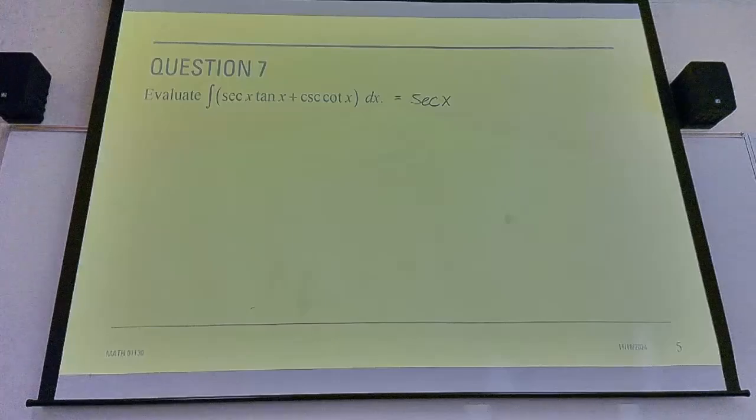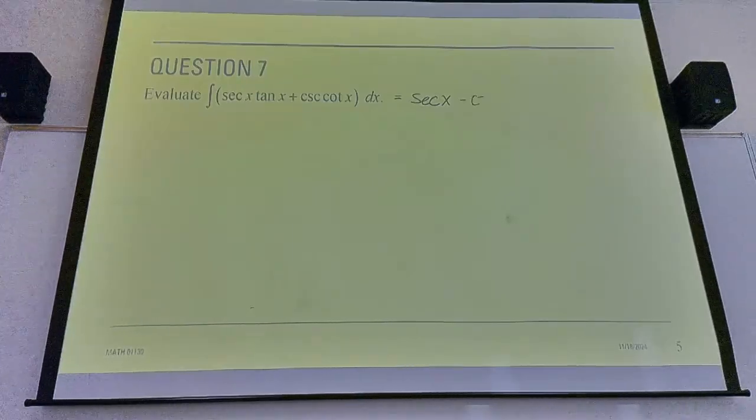Negative what? Negative cosecant. And then add your constant on at the end.